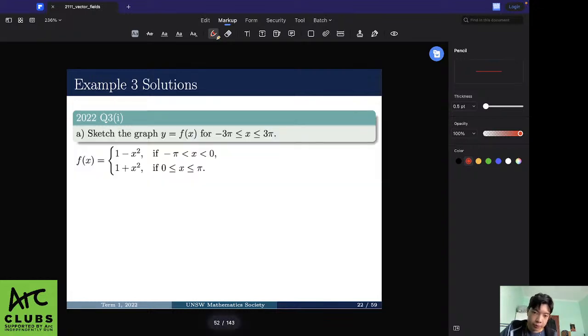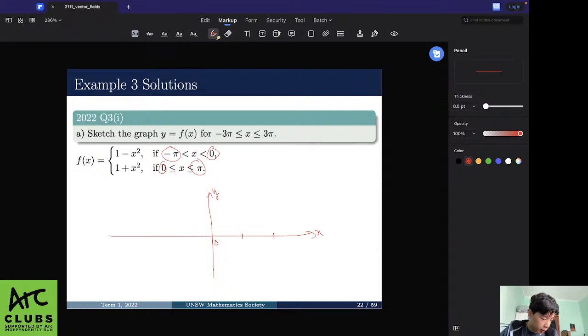So, how exactly do we sketch this? Well, it's pretty simple. I generally look at these 3 points, which are the discontinuities, or maybe when the piecewise function swaps from one branch to another. Just draw out the axes first. Label your points.